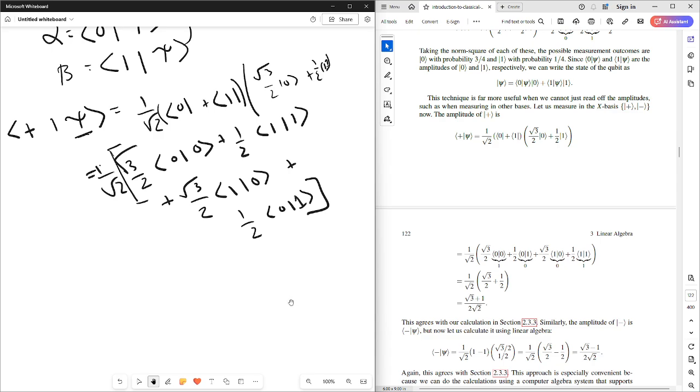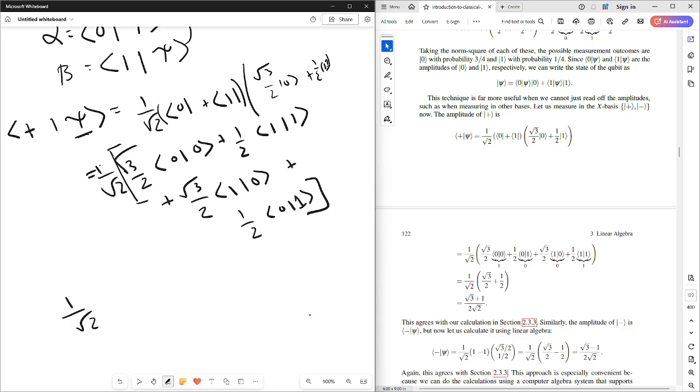Simplifying, we know that the inner product of something with itself is just 1. And the inner product of 0 and 1, as they are basis states, they're orthogonal to each other, is just 0. So we can equate that here.